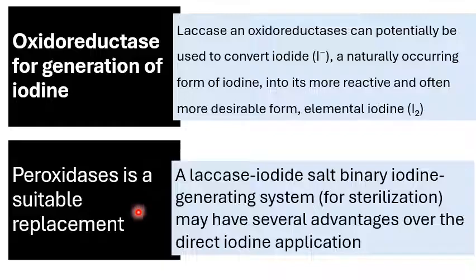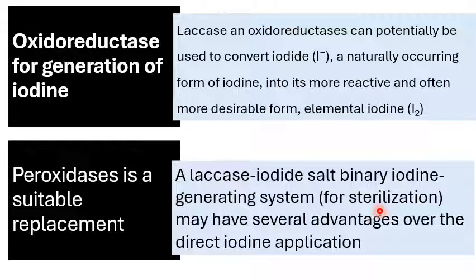Peroxidase is also a suitable replacement for lactase. It can be used for production of iodine, and like I said, this iodine can actually be used for several processes. We have other advantages of it in the biomedical uses.